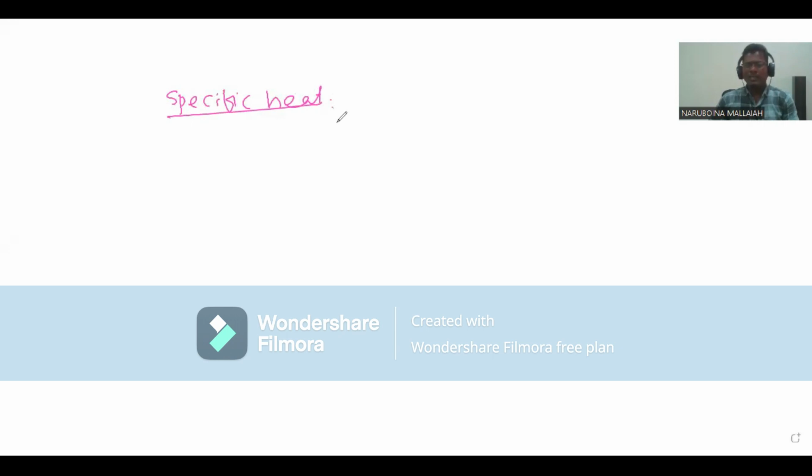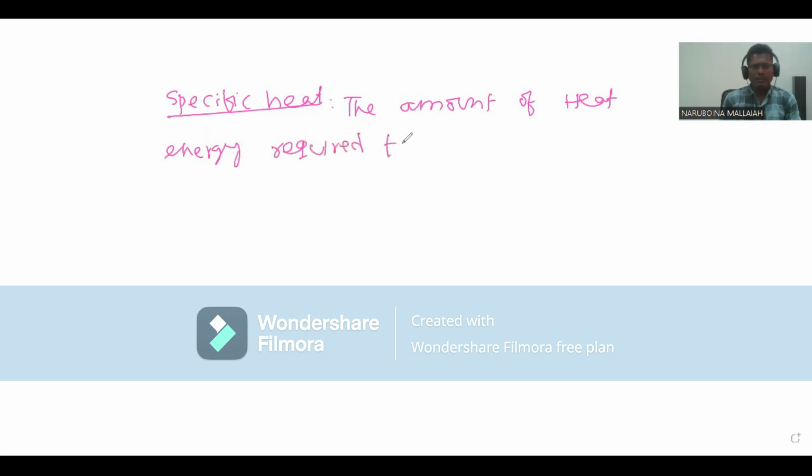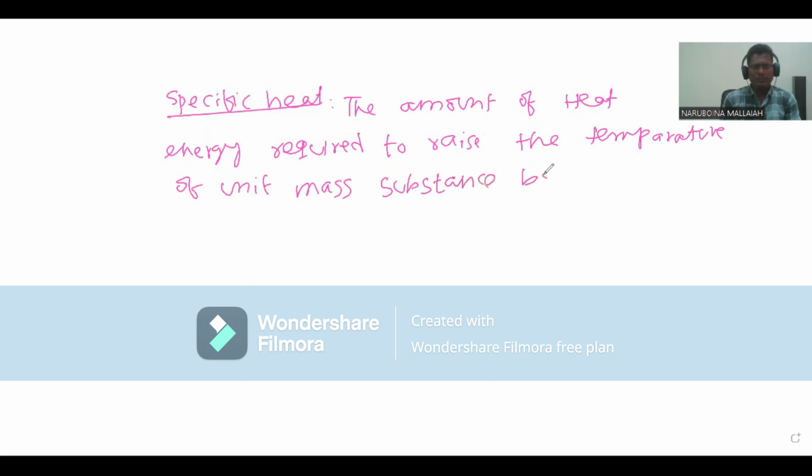I am writing here: the amount of heat energy required to raise the temperature of unit mass of a substance by 1 degree centigrade is called specific heat.